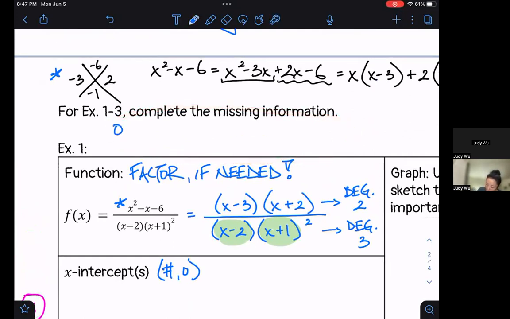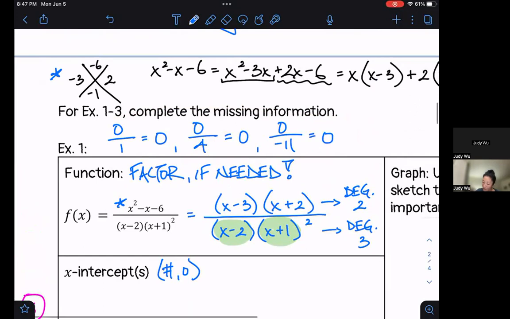What is 0 divided by 1? And I hope we all say 0, okay? What about 0 divided by 4? And I hope we all say 0. What about 0 divided by negative 11? And I hope we say 0.